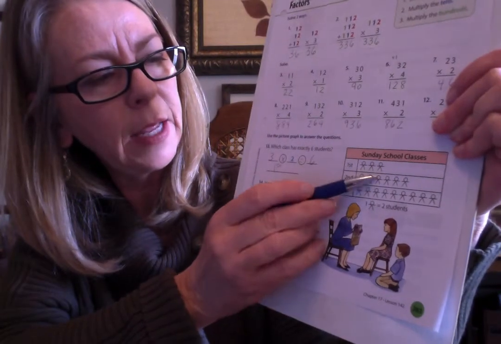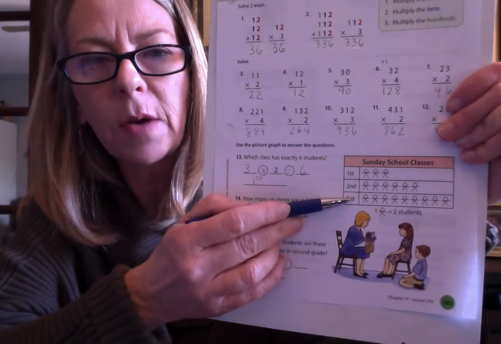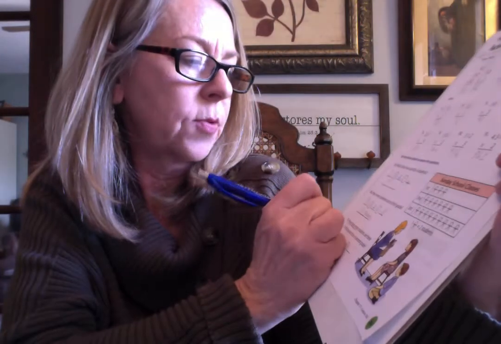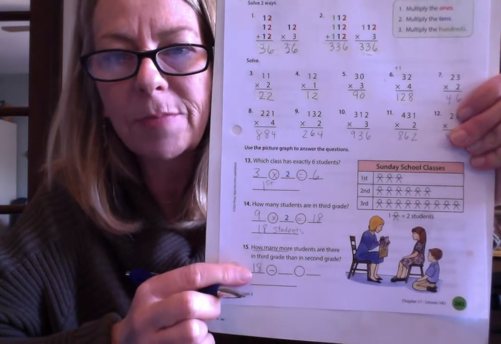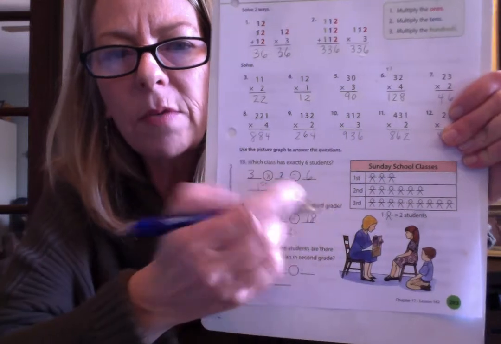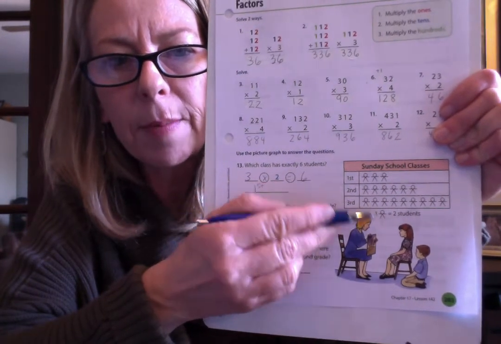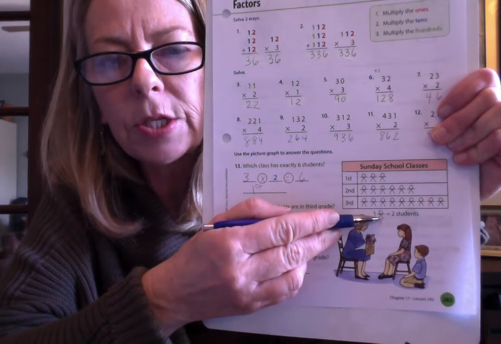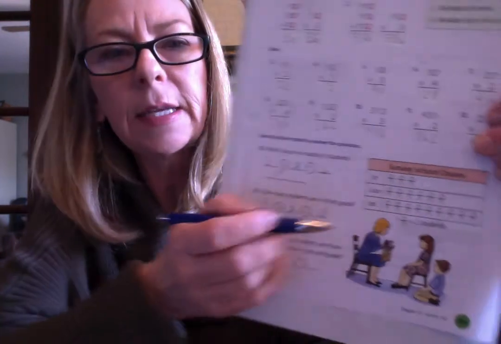Okay, so we want to know how many more are in 3rd grade than 2nd grade. So we're comparing these two, right? So we already know that 3rd grade has the most. So that's going to be the biggest number. That's going to be the beginning of our subtraction problem, right? Now, we don't know how many are in 2nd grade. We haven't even really looked at 2nd grade yet. So remember, each stick figure represents 2, okay? And we have 1, 2, 3, 4, 5, 6 stick figures.